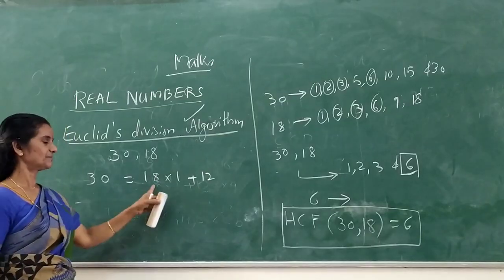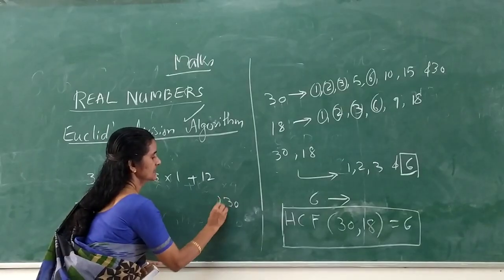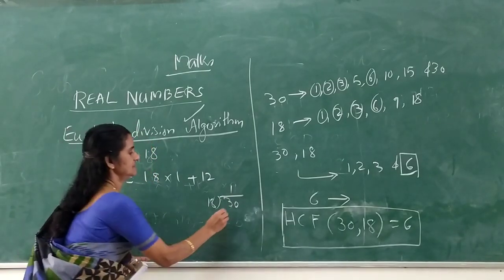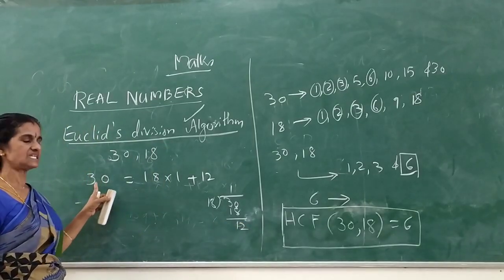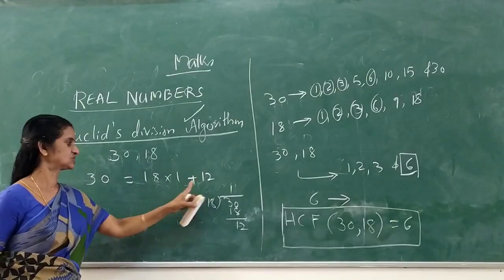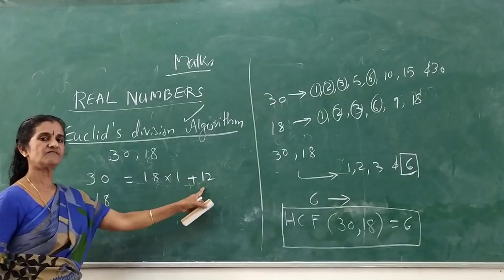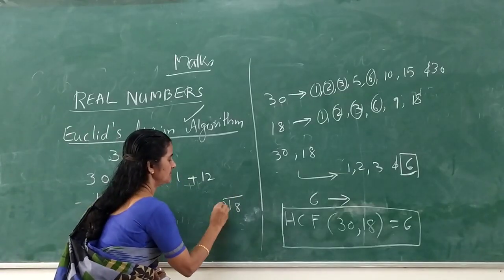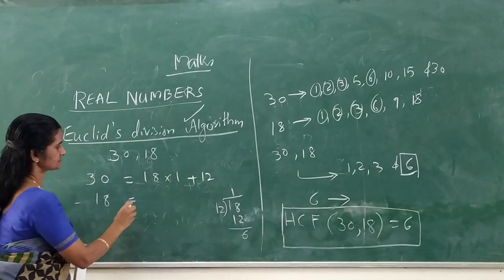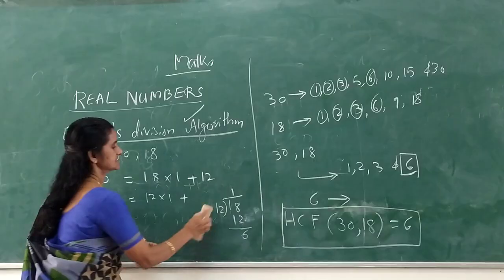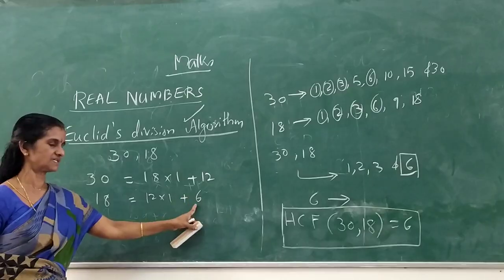When we divide 30 by 18, we get quotient 1 and remainder 12. Now, let us take 18 as the dividend and 12 as the divisor. Then 18 divided by 12 gives 18 is equal to 12 into 1 plus 6.